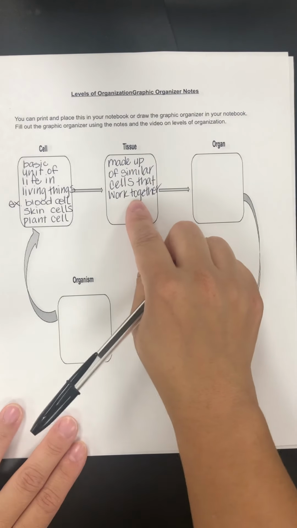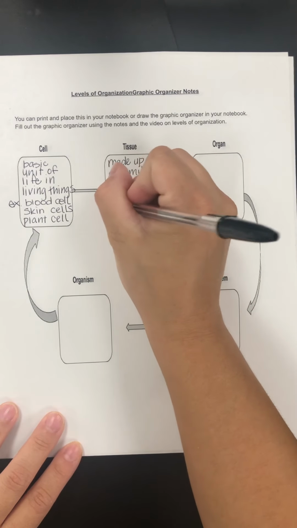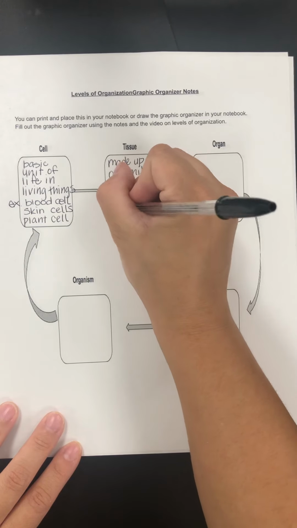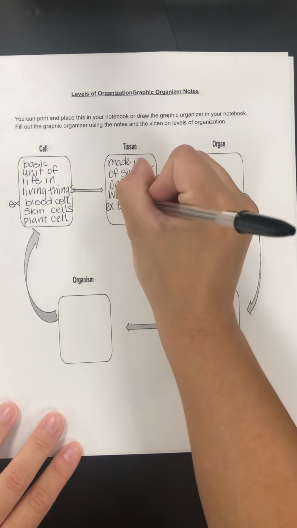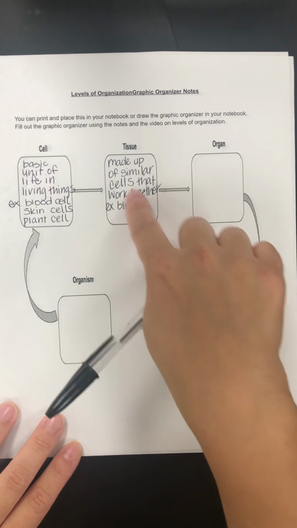An example of tissue could be blood. Even though it doesn't look like a solid structure, it is made up of blood cells. It has to be made of similar cells.